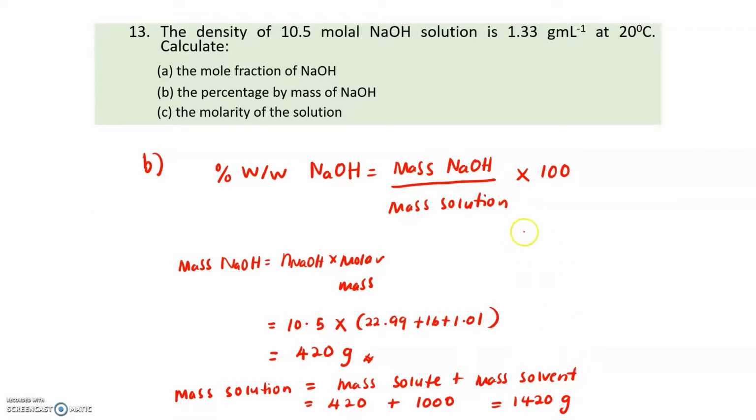So you substitute into this formula: 420 gram over mass of solution, 1420, times 100. So the percentage by mass is 29.55%. Sorry, it is not 29.55, it is 29.57%.